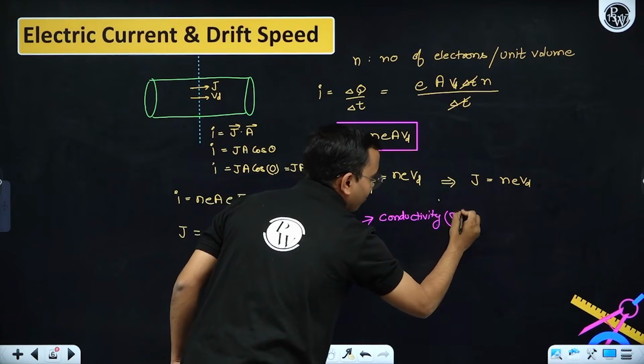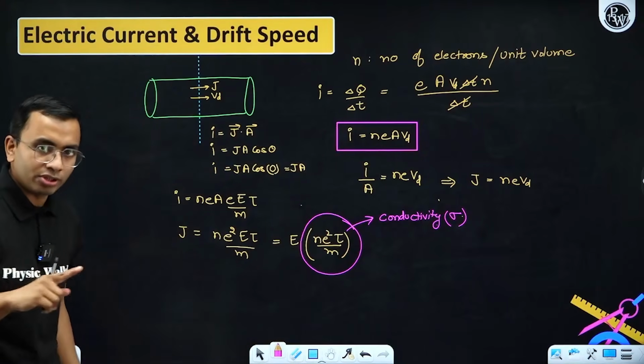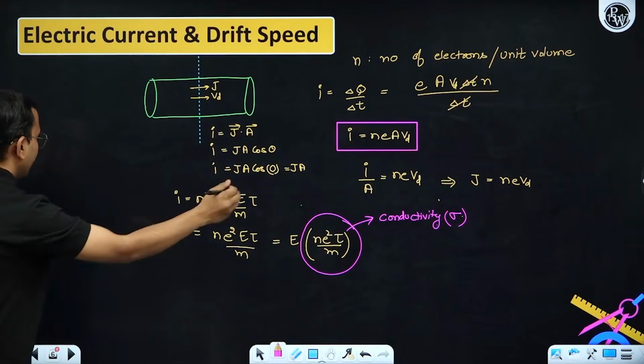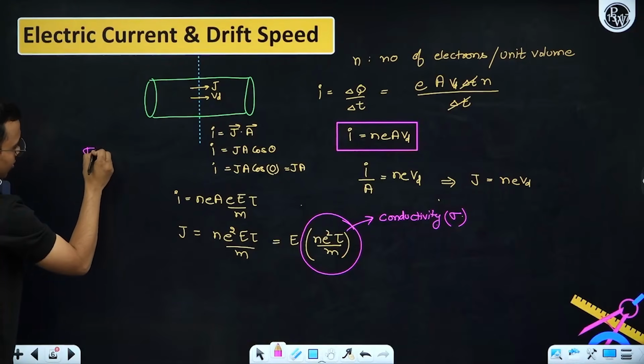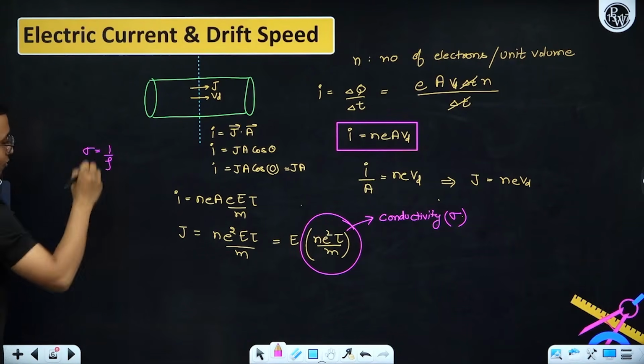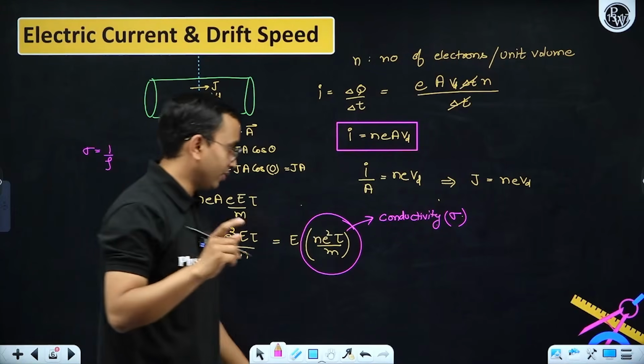That is sigma, and this conductivity is the inverse of resistivity. You should understand the relation. Sigma is basically 1 by rho. Rho is the resistivity, we will come to resistivity also.